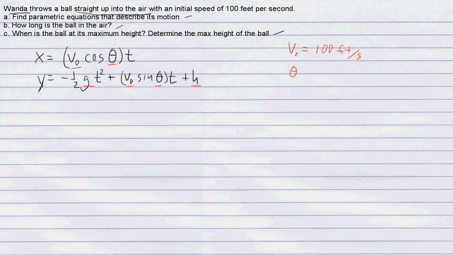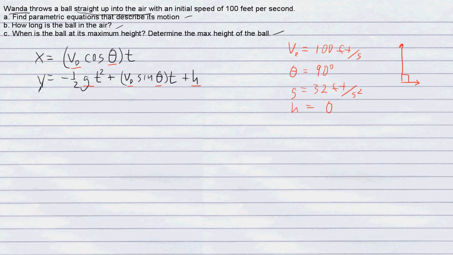If Wanda's throw is straight up, then the initial angle is 90 degrees, the angle with the horizontal. G, Earth's gravity, in imperial units is 32 feet per second squared. And the initial height, the simplification here is that since it's close to the ground, we're going to say that the initial height is equal to 0.